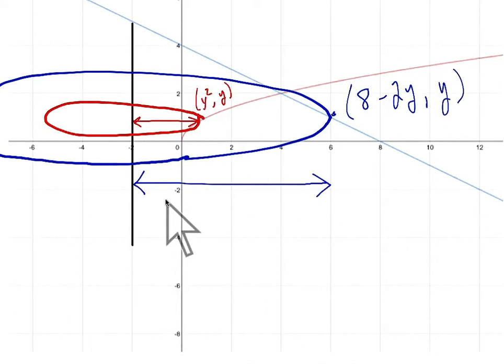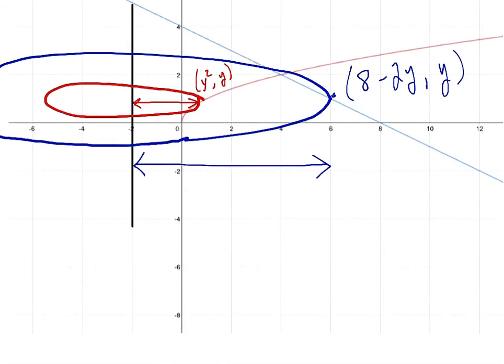So then if we're looking for the radius of the outer circle of the washer, that radius is from negative 2 out to this point. The x coordinate of that point is 8 minus 2y. So this whole distance here is going to be 8 minus 2y minus negative 2.